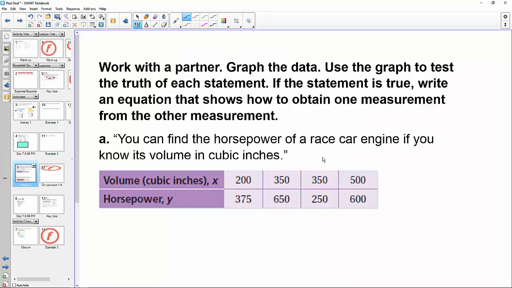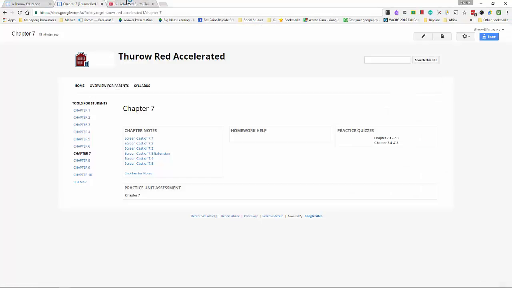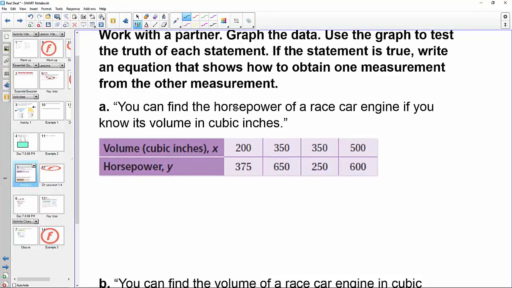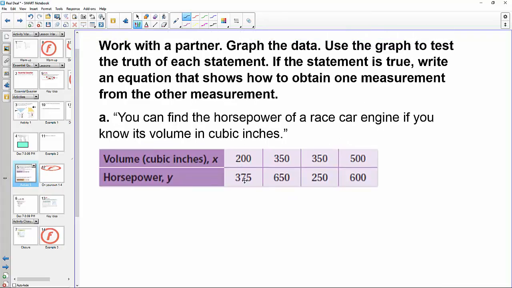If I look at this, we want to try to figure out if this is, can you find the horsepower of a race car engine if you know its volume? Well, remember the whole thing that when you map these out, so if I have like 200, and then I have 375, that's my input and my output, and now I have 350, and that maps up to 650, and now I have 350 again, and that now matches up to 250.